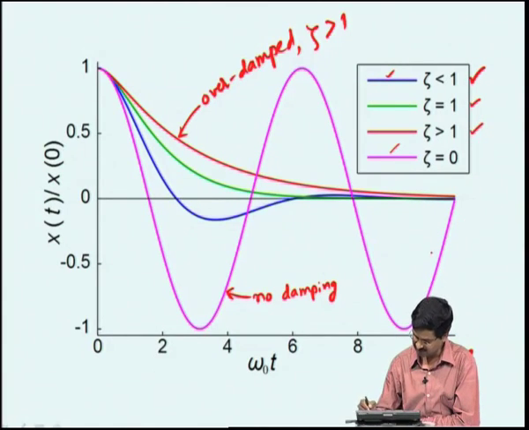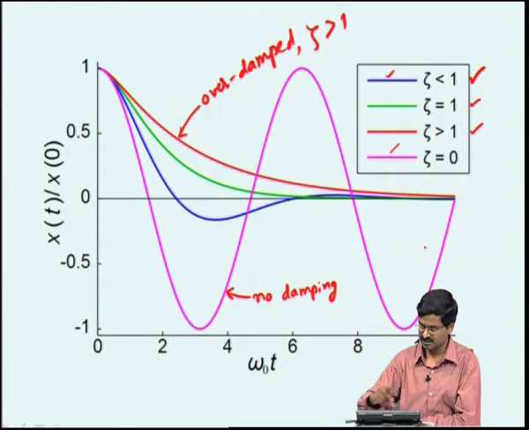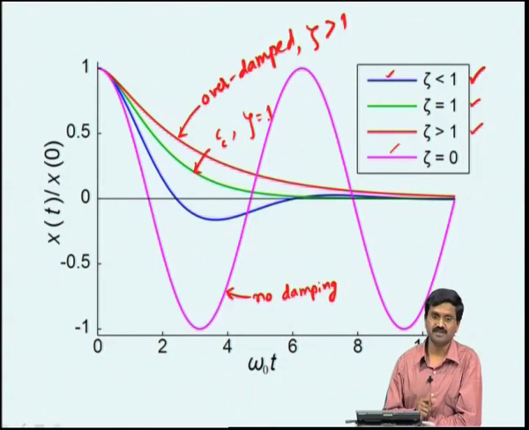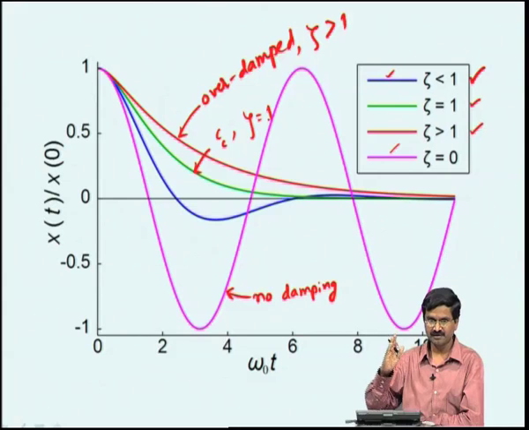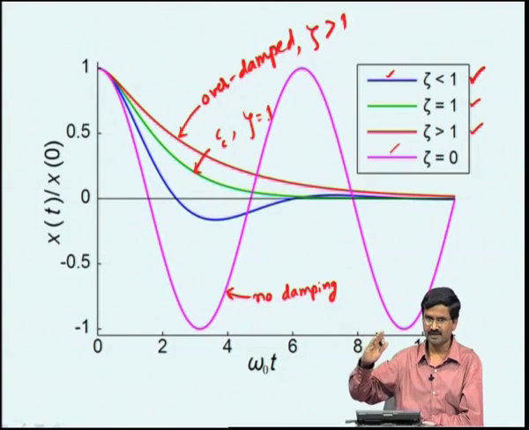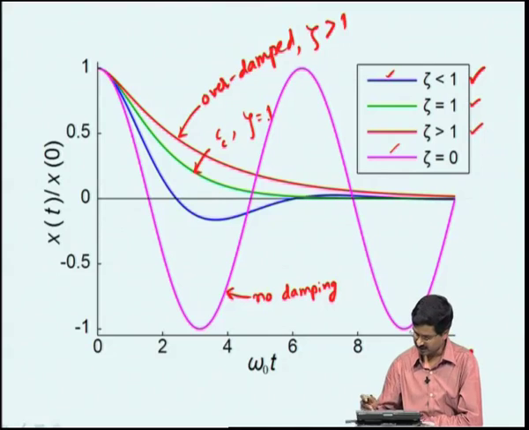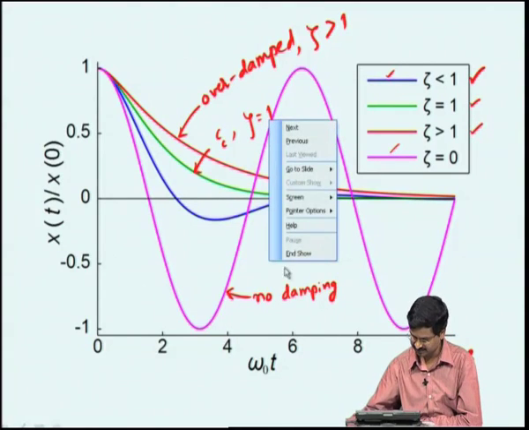When it is 0, which is this curve, it will not reduce at all, the oscillation amplitude remains the same. Between overdamped, no oscillations, and the oscillation case, that is our critical damping, where that Cc, or we said zeta equal to 1, and that is what it means. If there is damping, it will quickly stabilize. If there is no damping, it will keep on oscillating by the same amplitude that we set it out with.